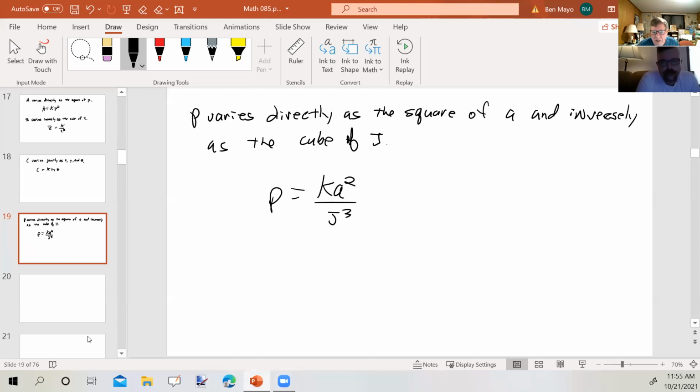So this is a mixed combo, so to speak. We've got 2 kinds of variation going on in the same problem, both direct and inverse variation. Okay.